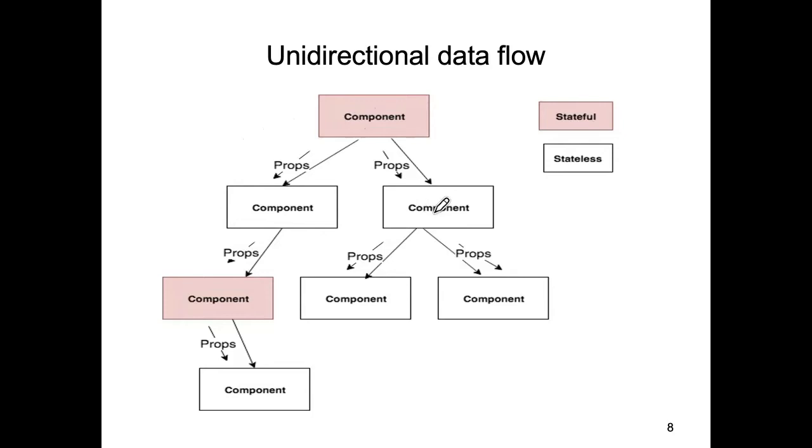And whenever this one re-renders, these two are going to re-render. And so on down along the left-hand side. So whenever the top component, which happens to be stateful in this case, re-renders, the entire hierarchy of components re-render or re-execute themselves. That may seem inefficient, but there are ways that React can improve on the efficiency of that.